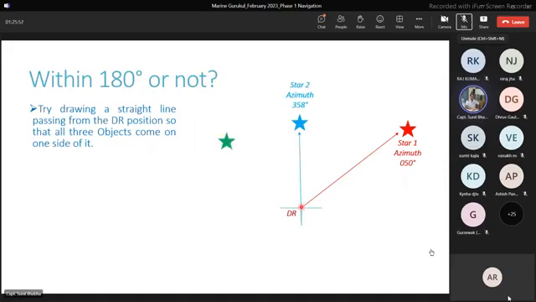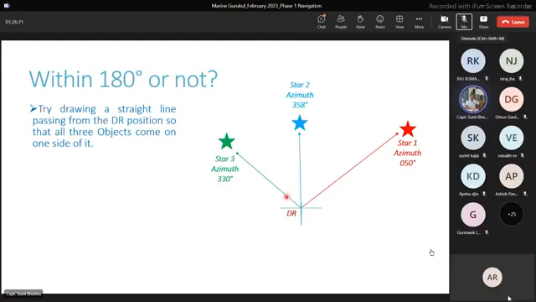Let's assume the third PL was obtained using the green color star, marked as star number 3, on an azimuth of 330. We are just assuming some values to understand the concept of how to identify whether bearings are within 180 or not.